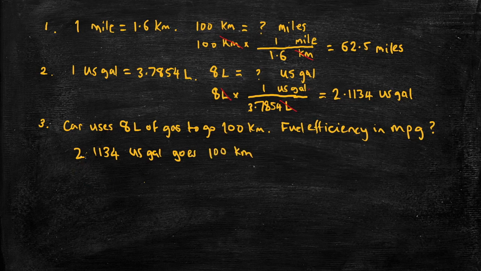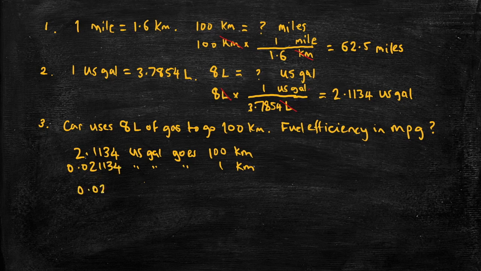So 1/100th of 2.1134 US gallons will go 1 kilometer. So 1/100th of 2.1134, move the decimal point 2 places, we'll get 0.021134.